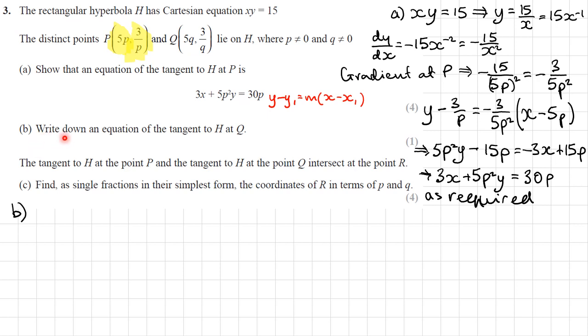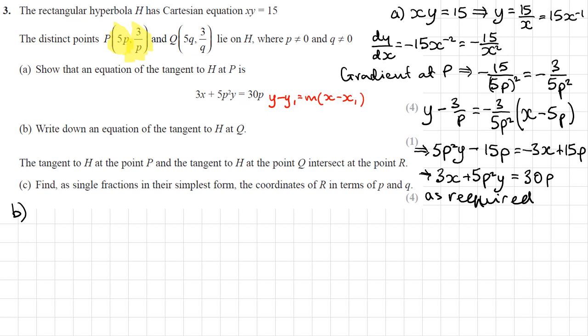Okay, part B, write down an equation of the tangent to H at Q. Now if we compare coordinate P with coordinate Q, everything is the same apart from the p has been substituted with the q. So I should be able to take my answer from part A and just replace p with q. That's the only difference.